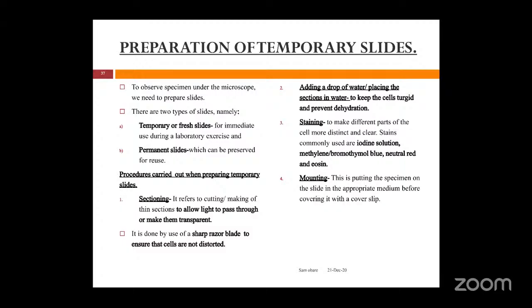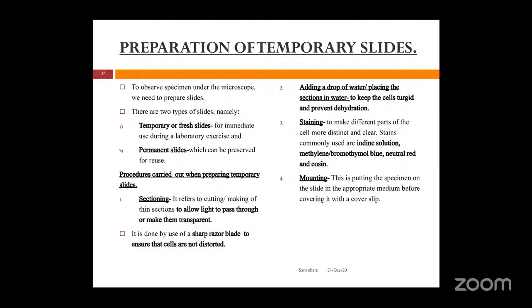After you make that section, step number 2, you put it in water. Why do you place it in water? So that the cells do not dehydrate, to prevent dehydration of the cells. After you have placed it in the water and now you are ready to observe it, you take it out of the water, place it on the slide.